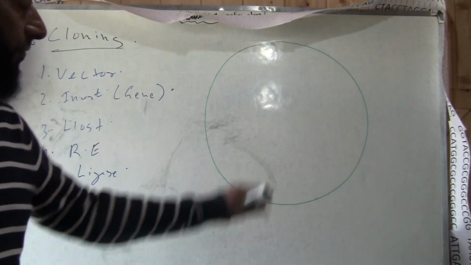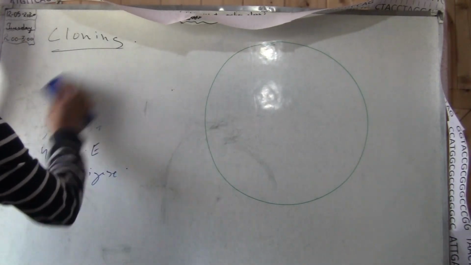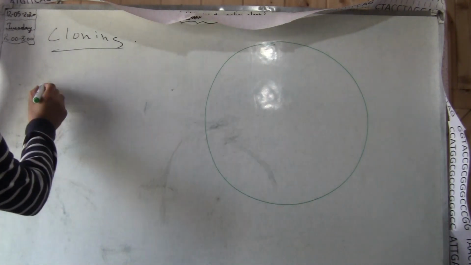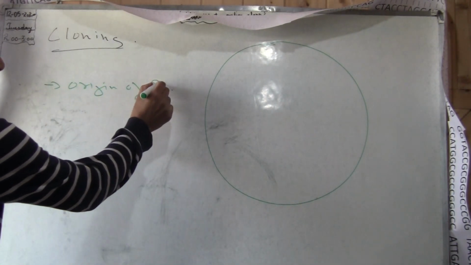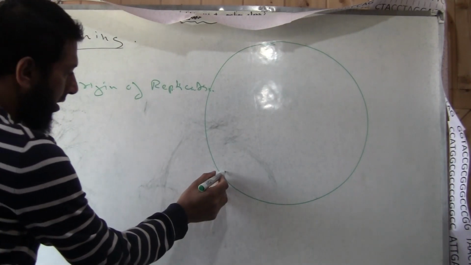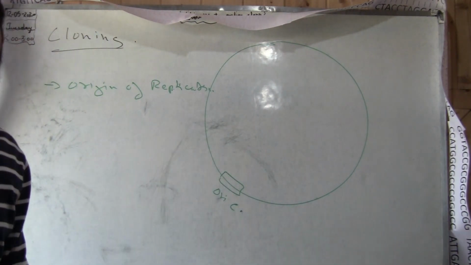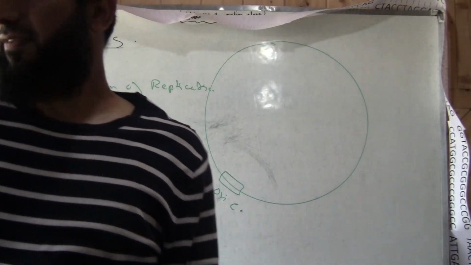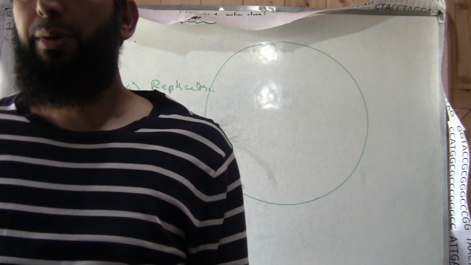The first and foremost property of a vector is that it should have an origin of replication. If a vector does not have this origin of replication, it will not be dispensable.